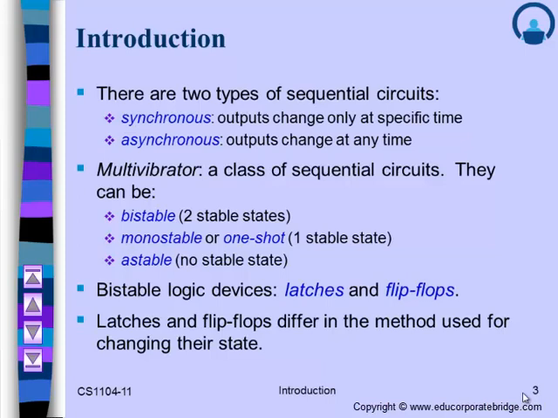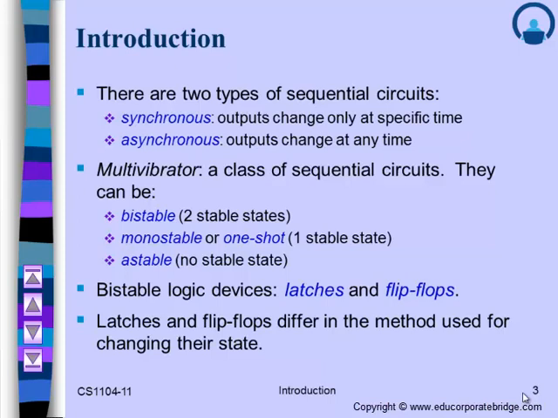That is, the output of one circuit changes and then the output of the next circuit changes. They may change regularly or they may not change regularly. So that is what an asynchronous sequential circuit does.